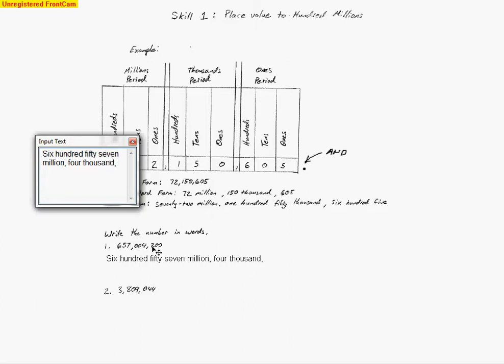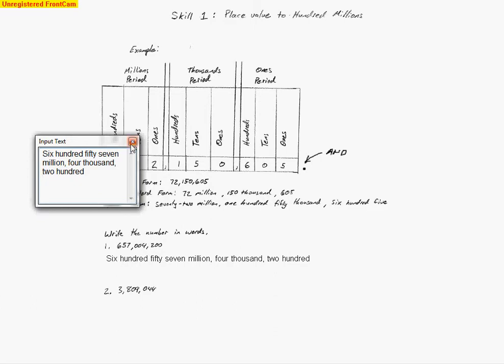And this next period, in the ones period, only has 200, so that's what we write down. So 657 million, comma, 4 thousand, and then 200. So let's take a look at the next one here.